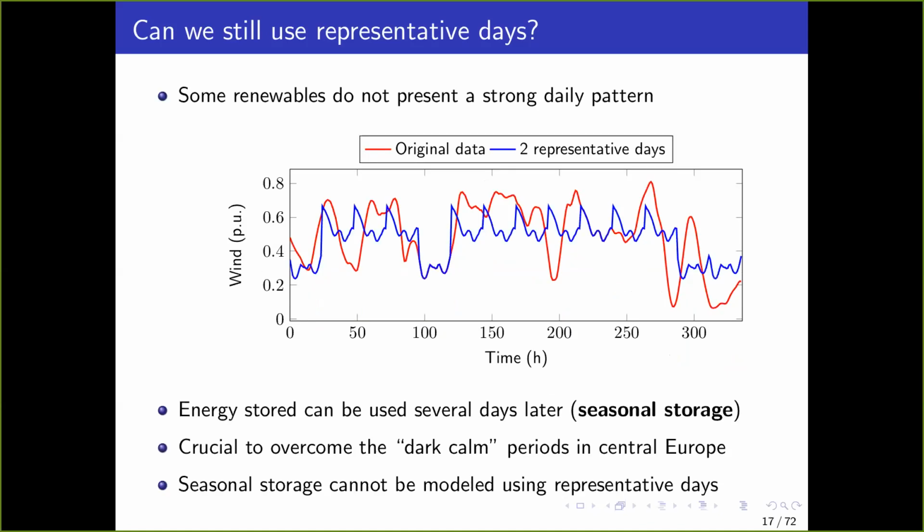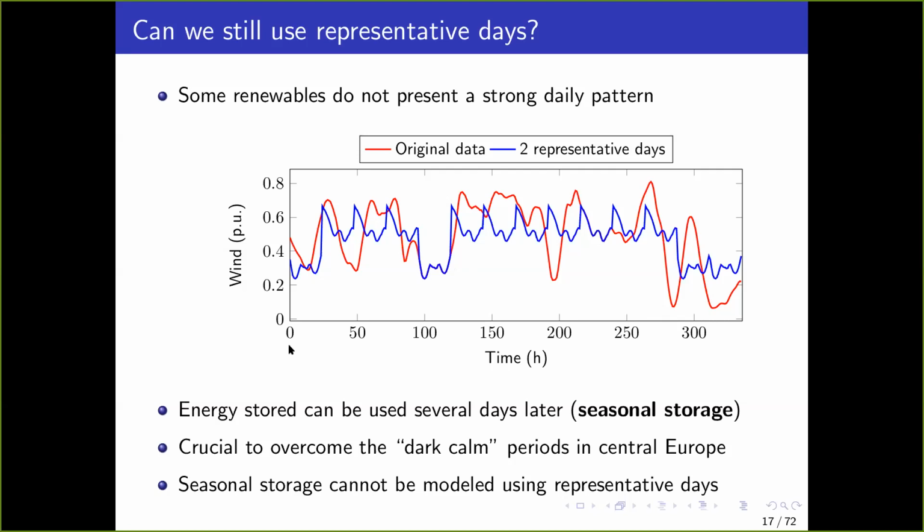So if you use the representative days approach and you also choose 2 representative days, you can see that the approximation is not that good anymore. So you see the 2 days, here is 1 and here is the other one, right? And then you just have to use one or the other to replicate the original data in red.